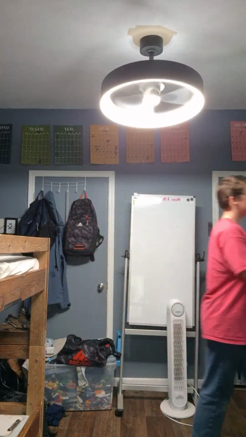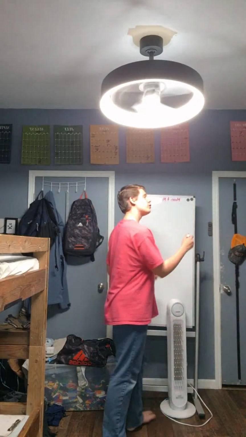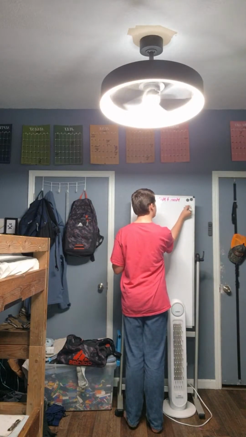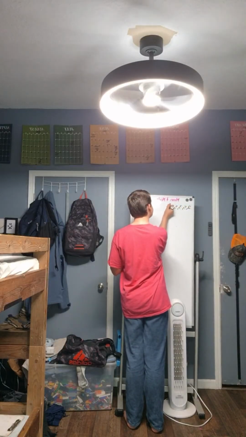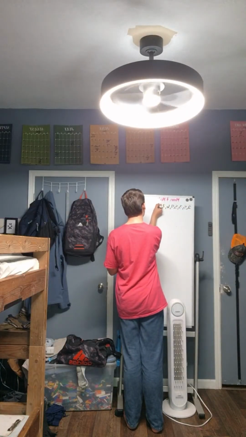But what is the mean and mode of the following data set? So we have 2, 2, 5, 3, 5, 4, 6, 7, 4, 5, 1.